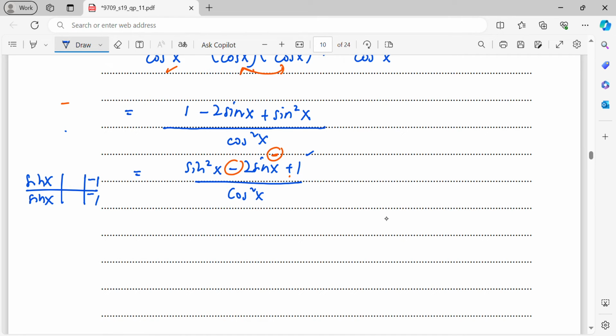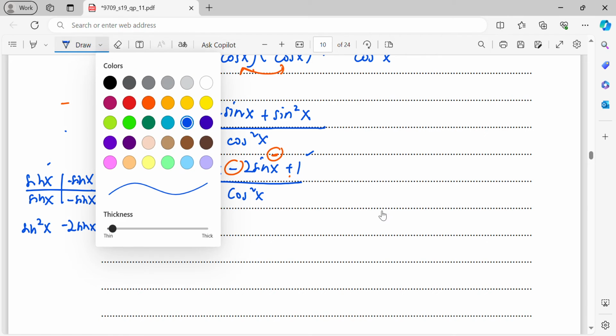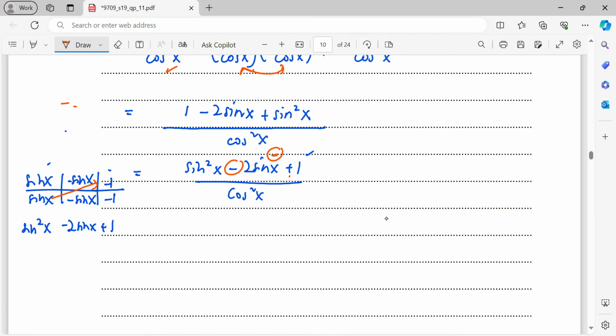Therefore, the middle term is going to be minus sine x, because when you multiply these two values, this is again minus sine x. So at last, you are getting sine square x minus 2 sine x plus 1. From here, I know that my factors will be (sine x minus 1) squared.